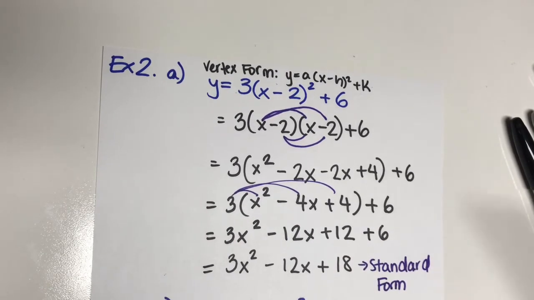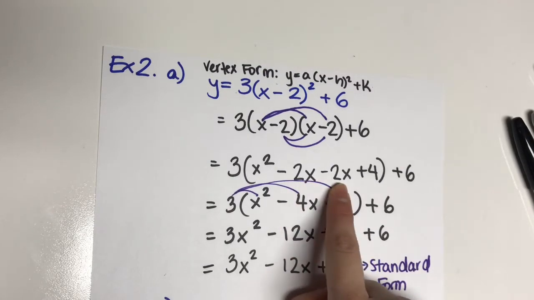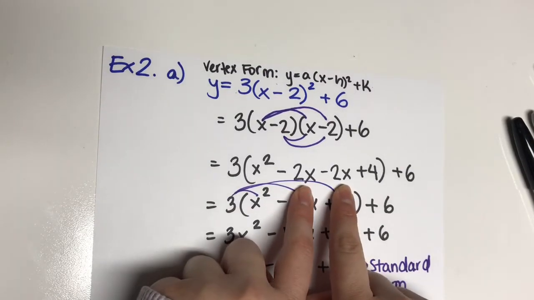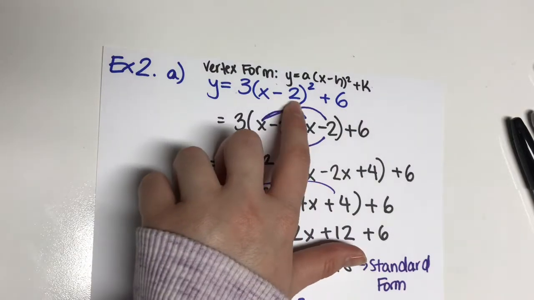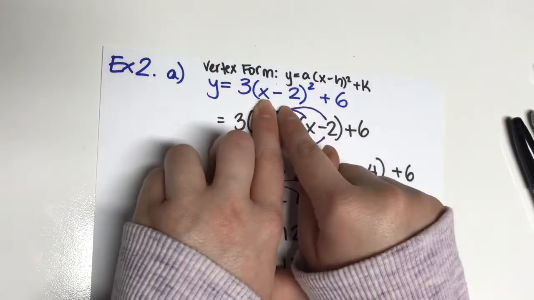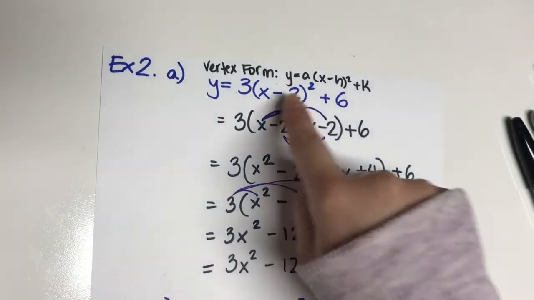Okay. The second strategy to doing this is you will notice that I ended up with the same term twice here, negative 2x and negative 2x. That is always going to happen. And the reason for that goes back to the idea of perfect square trinomials, because this here is what a perfect square trinomial looks like when it's factored.